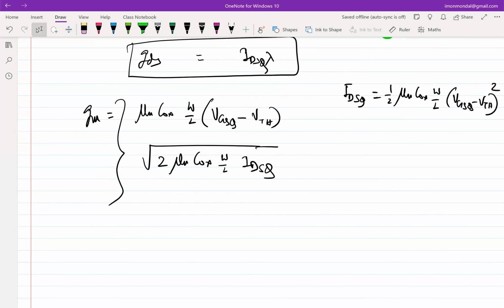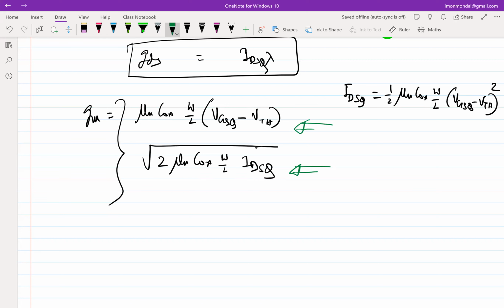But now the question is, are both of them telling you the same thing or different things? They are essentially telling you the same thing. But if you are not careful, you might interpret them in different ways at times. This equation is telling you that GM is proportional to under root W by L. So if I increase W by L by 4x, GM will increase by 2x. What is this other equation telling you? If I increase W by L by 4x, GM will increase by 4x.